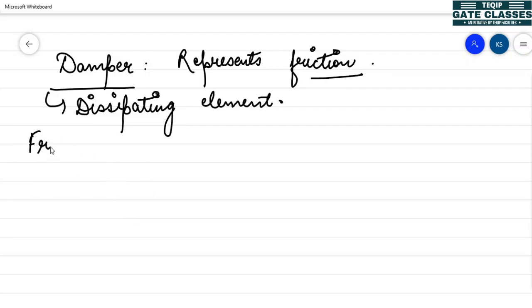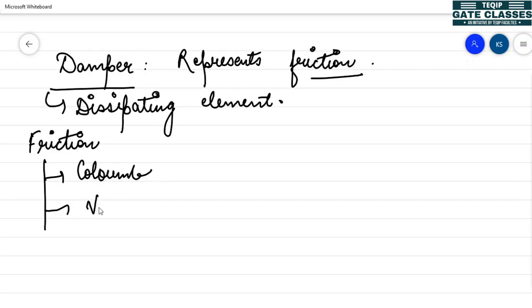Generally, friction is classified into three. First is Coulomb friction, second is viscous friction, and third is stiction.